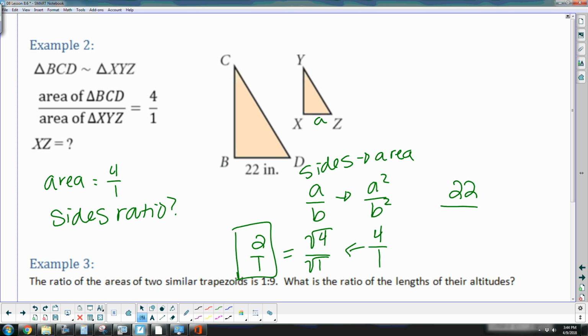We don't know what the smaller side is, but we know the larger side is 22. So the ratio 22 to A is equal to the ratio 2 to 1. From there, we can just cross multiply. So 22 is equal to 2A. Divide both sides by 2, and we get A is equal to 11.